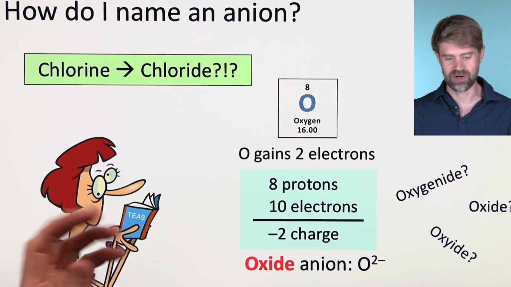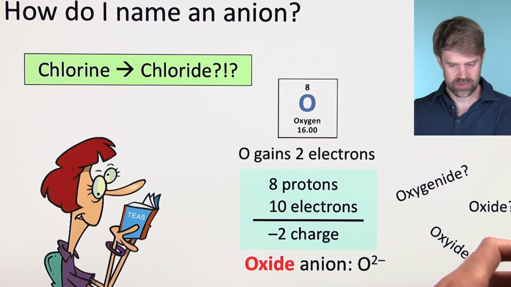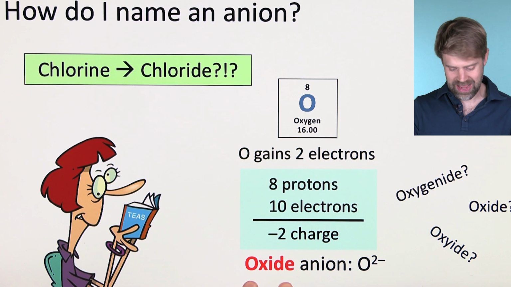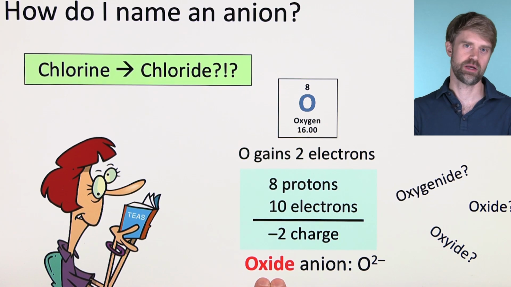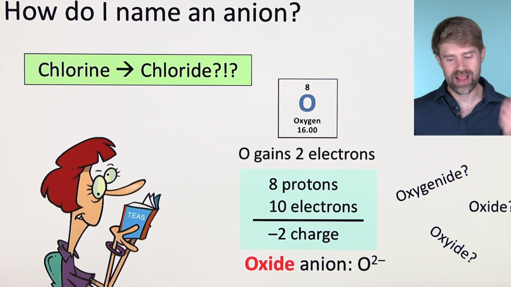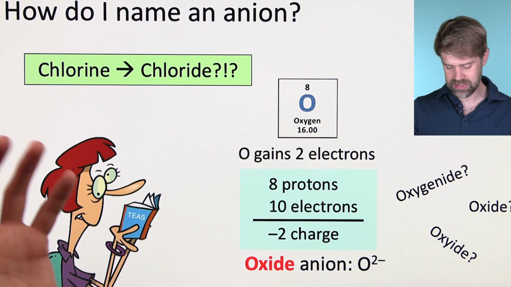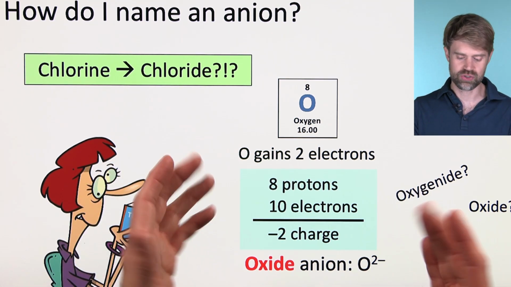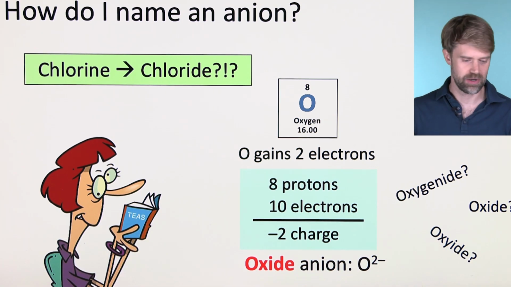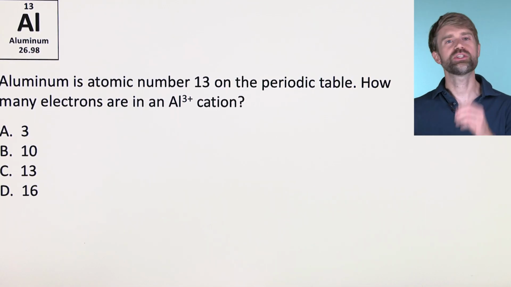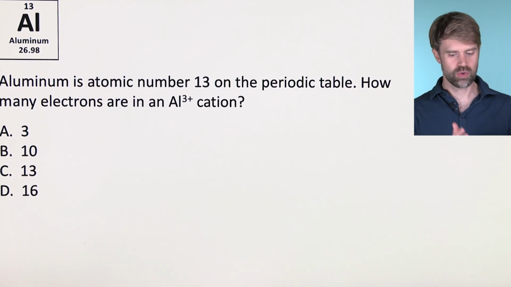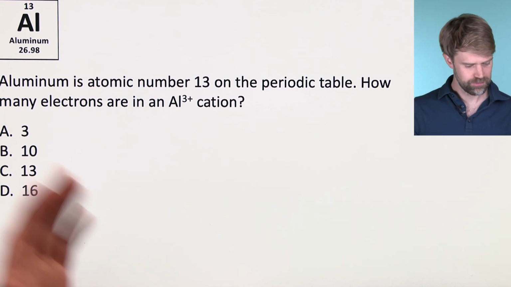Just like we said earlier, I want to use the right names for things, but the TEAS won't ask you to name ions. It will just ask you to recognize them. So you see that -ide, it means that it's an anion with a negative charge. Don't worry about coming up with a name on your own. So let's use everything that we've learned to work through some TEAS questions.